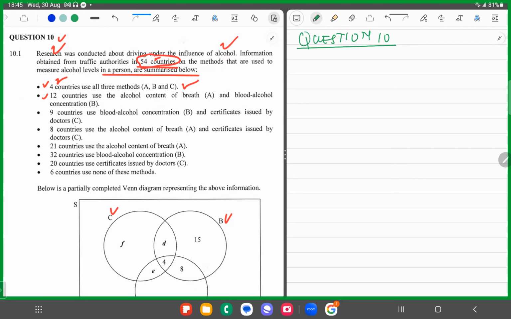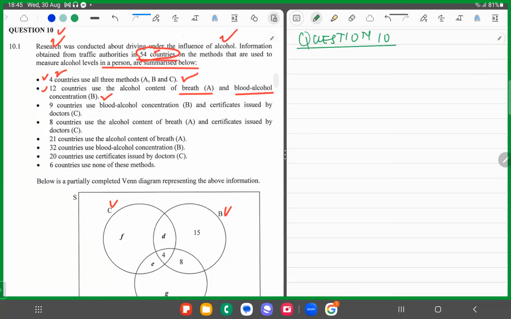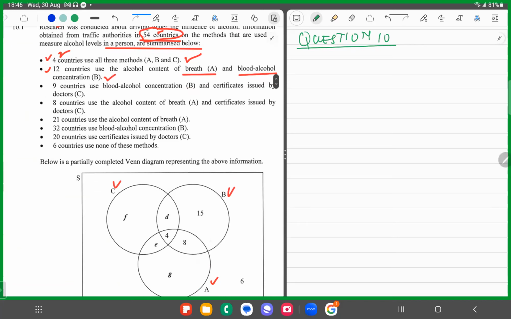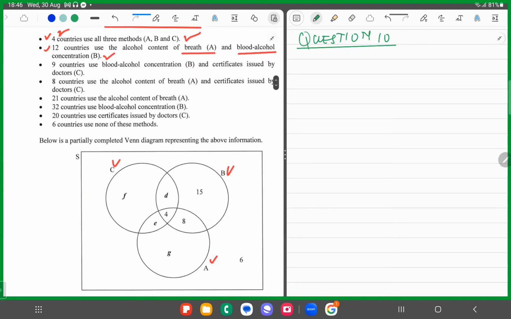12 countries use the alcohol content of breath A and blood alcohol concentration B. So in other words, you have 12 countries that only use A and B. But 4 countries use everything.